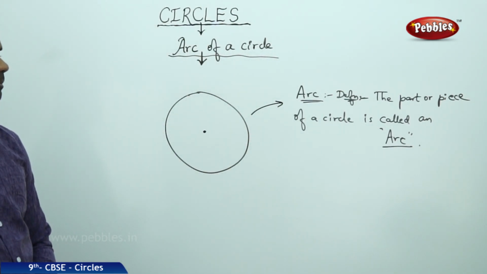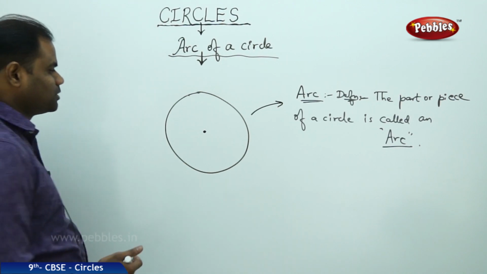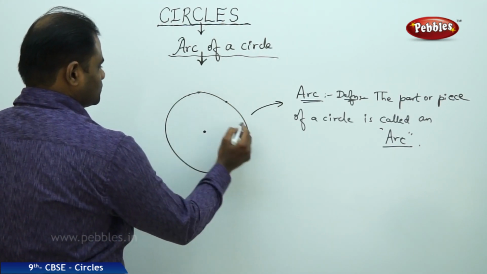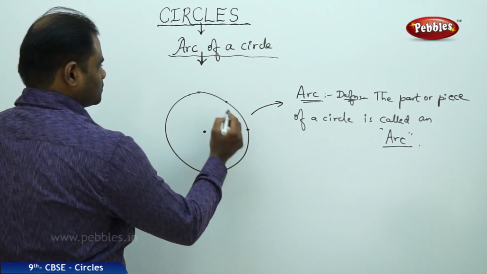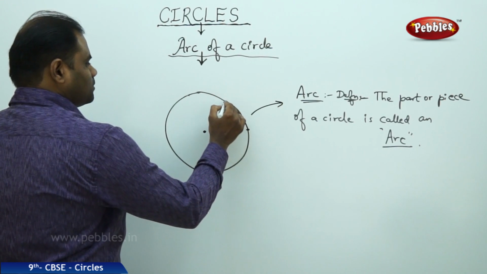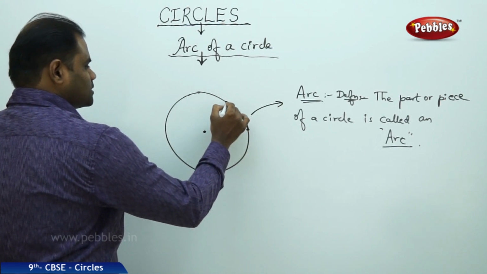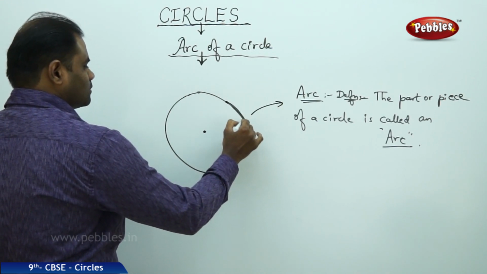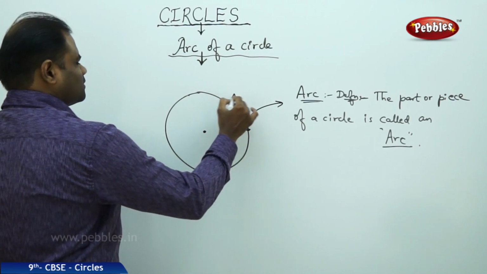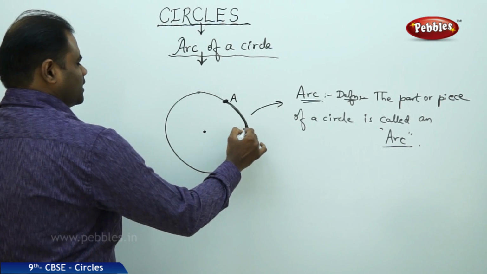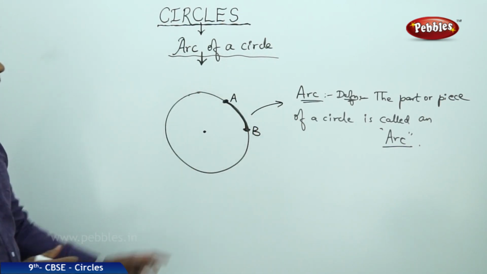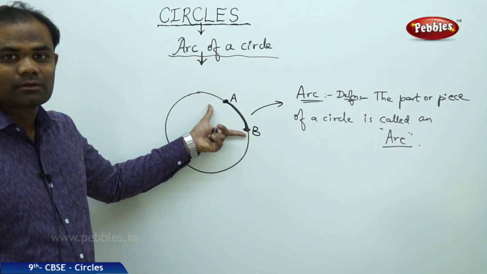So how do we define the part or piece of a circle? Imagine I take this part of the circle. Let me darken it up out here. So I have here a part of the circle, which is an arc.